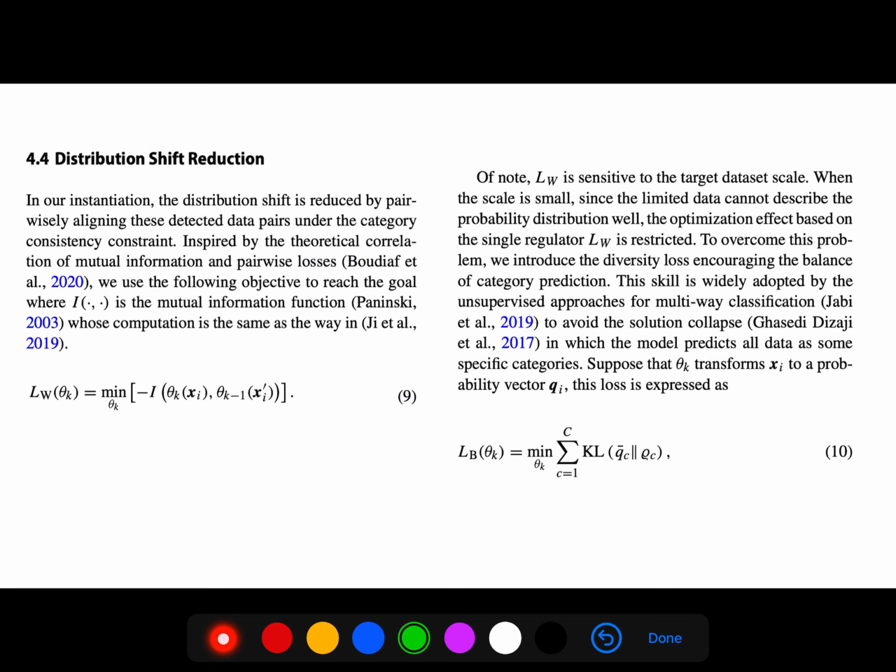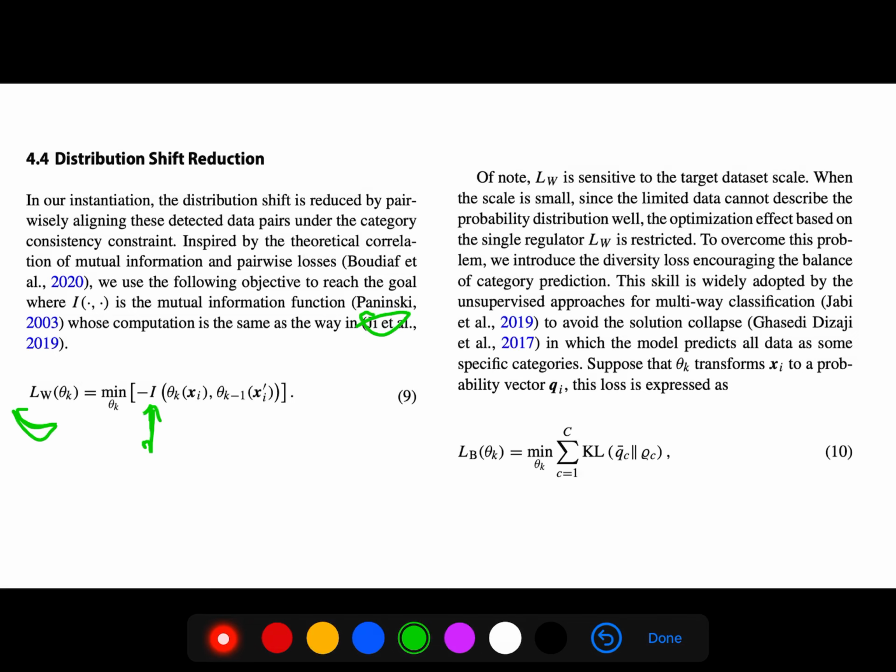And this distribution shift reduction is important, so we should talk about it. We use the following objective to reach the goal, where I is the mutual information here, whose composition is the same as this paper. So L sub W, this loss, is sensitive to target data scale.